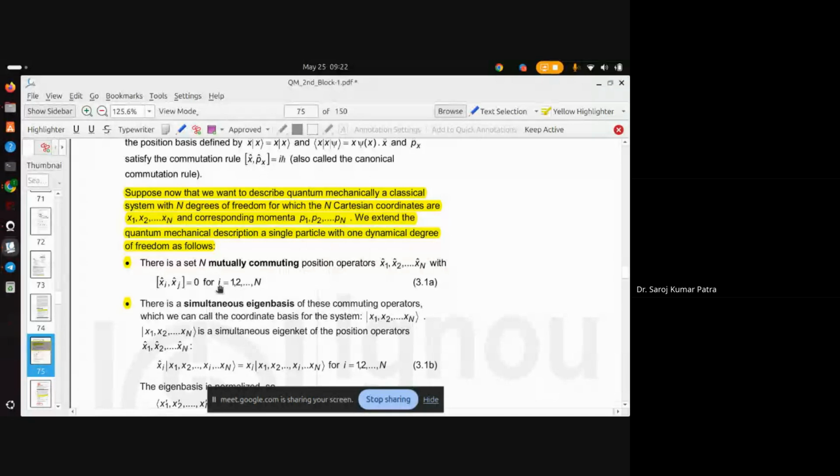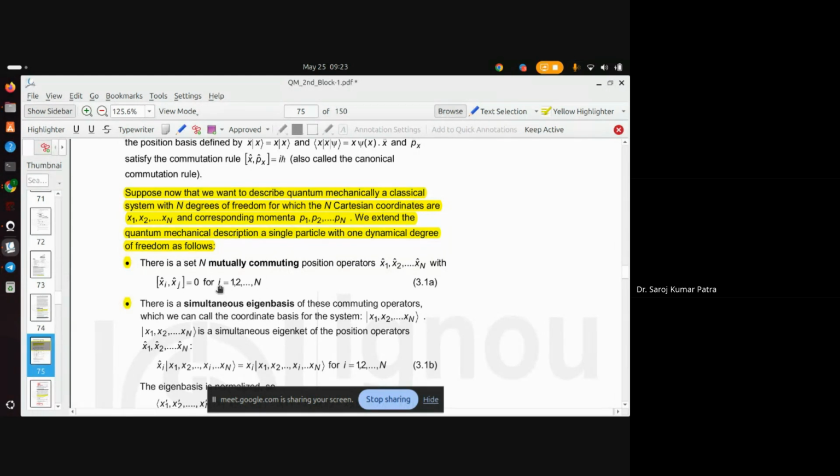So if you operate with i cap and then j cap, it's the same as operating with j cap and then i cap. They are mutually independent, so x1 cap will not depend on x2 cap, x2 cap will not depend on x3 cap, and so on.